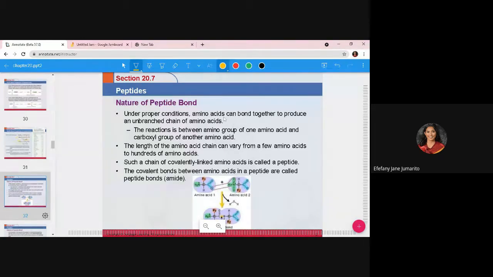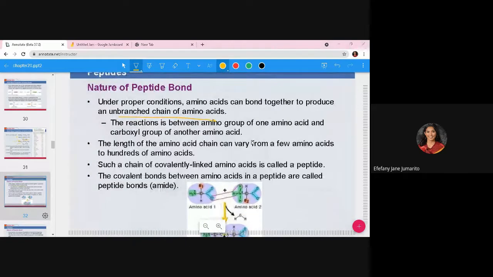Under proper conditions, amino acids can bond together to produce an unbranched chain of amino acids, by reaction between the carboxyl group of one amino acid and the amino group of another. The length of the amino acid chain can vary from a few amino acids to hundreds of amino acids.